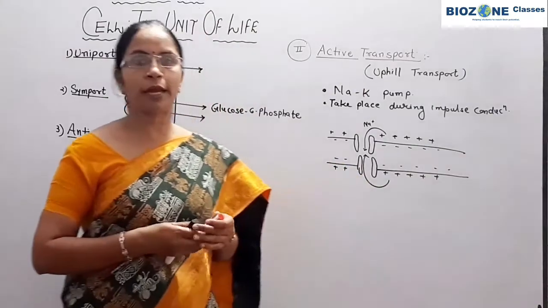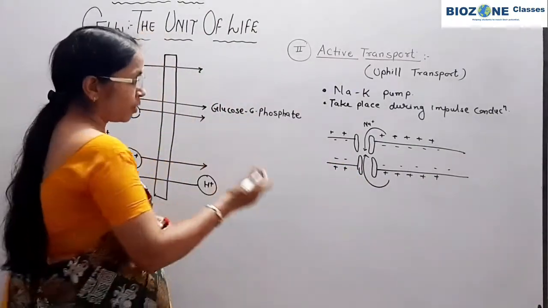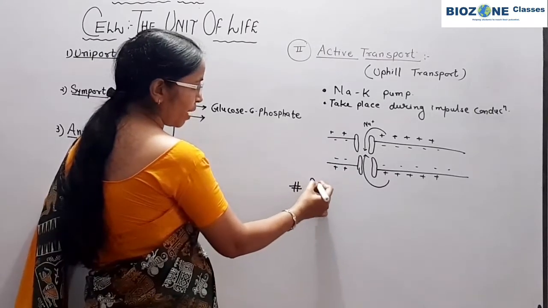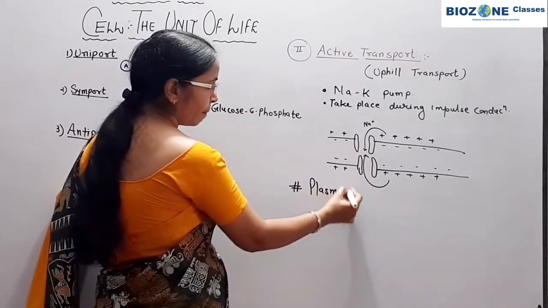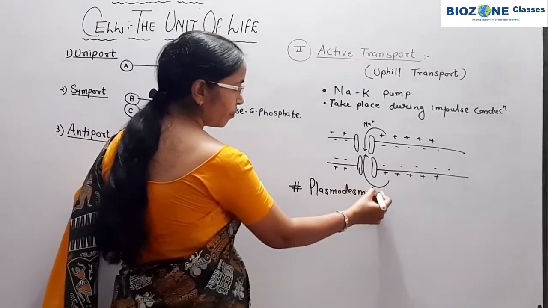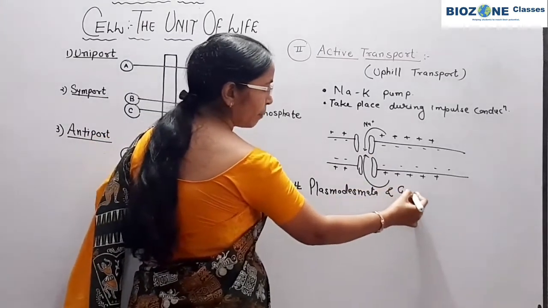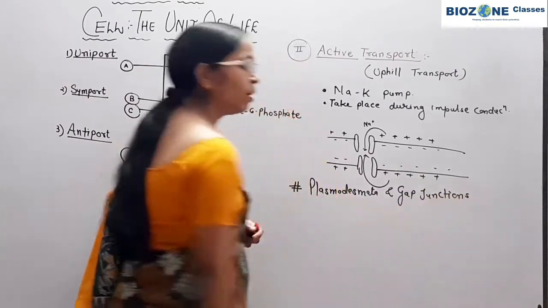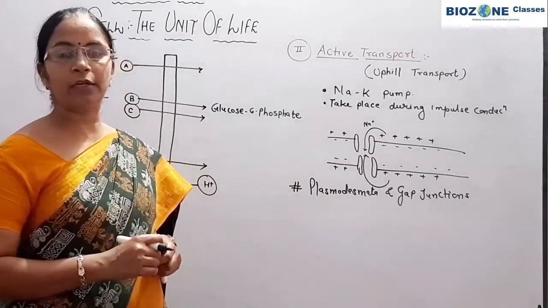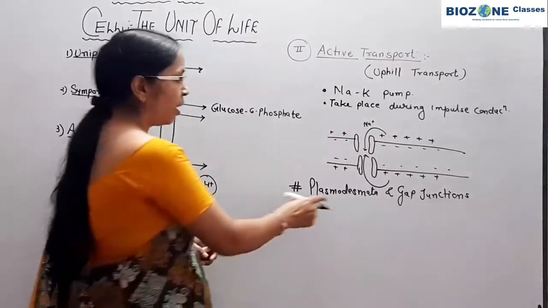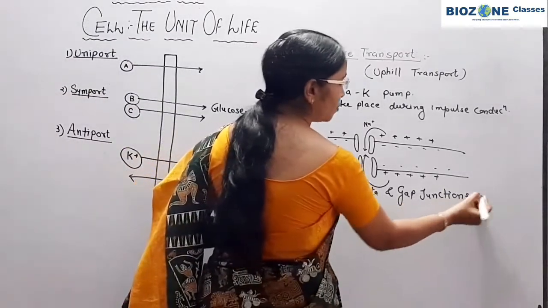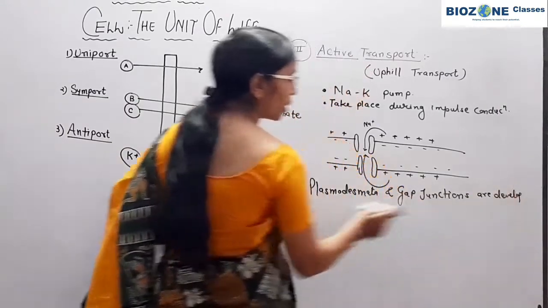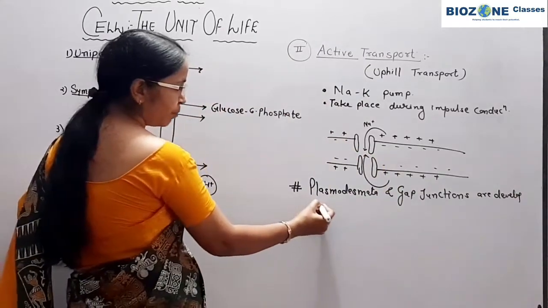Secondly, in addition to that, another important function is the formation of plasmodesmata and gap junctions. Gap junctions and plasmodesmata are developed by 2 adjacent plasma membranes. Why are they developed?